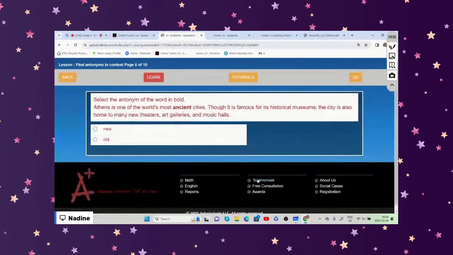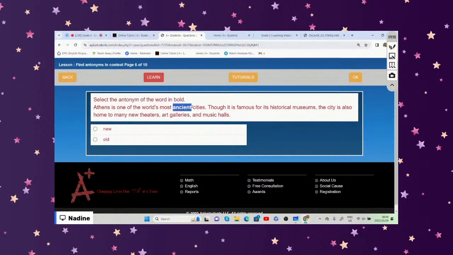All right, let's do the last one. Athens is one of the world's most ancient cities. Though it is famous for its historical museums, the city is also home to many new theaters, art galleries, and music halls. So ancient is like it's old.